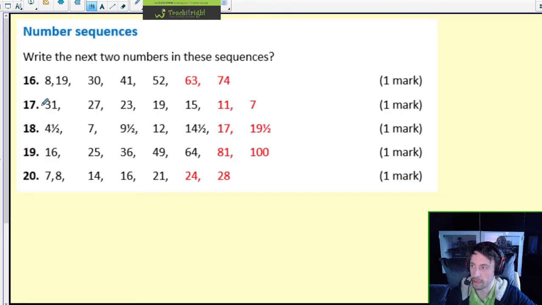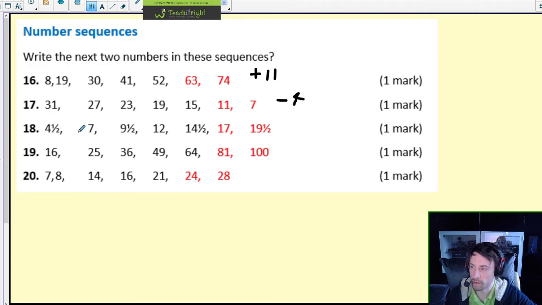And for here, it goes 8, 19, 30, 41, 52, 63, and 74. And again, if we're looking at the difference each time, we're adding on 11. So then for number 17, it goes 31, 27, 23, 19, 15, 11, and 7, and that's minus 4 each time.